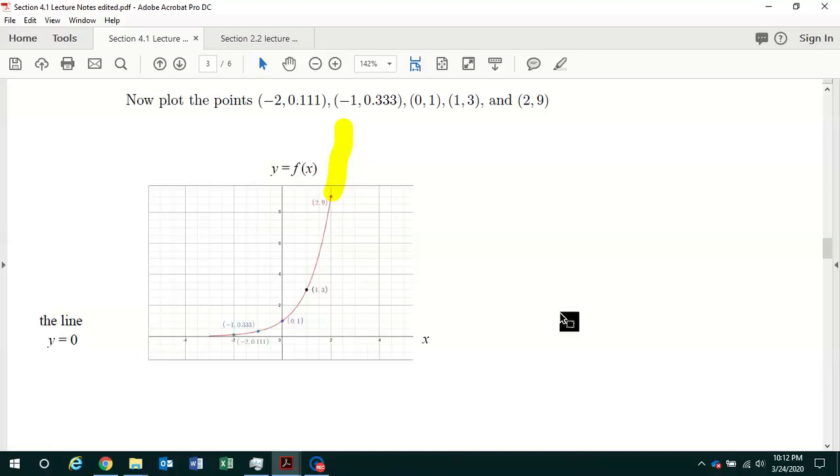Now this is a good time to talk about exponential functions with the coronavirus outbreak. You may have heard in the media that the number of people being diagnosed with the coronavirus is growing exponentially. And you can see that as x gets larger, the value of y is increasing much faster.